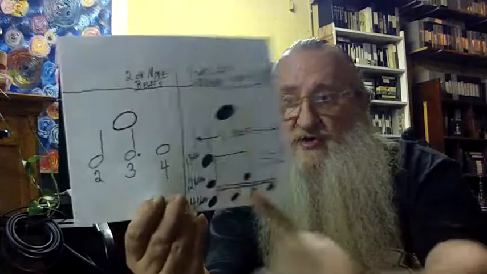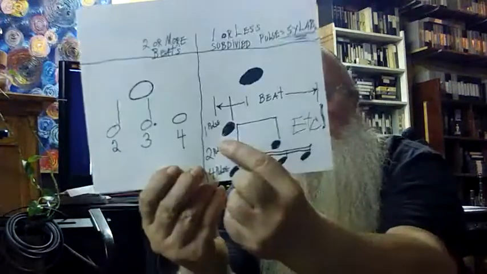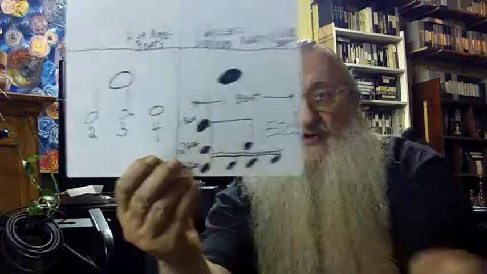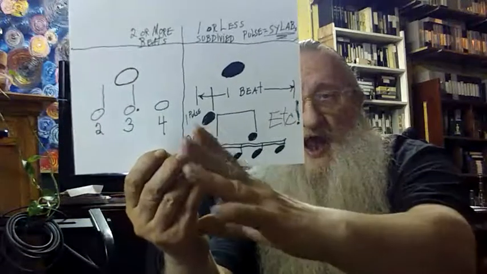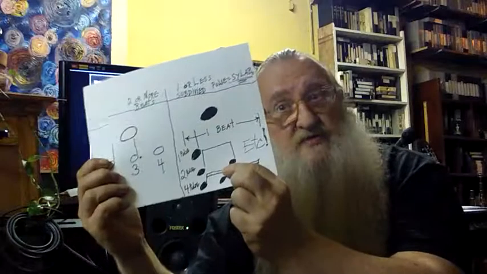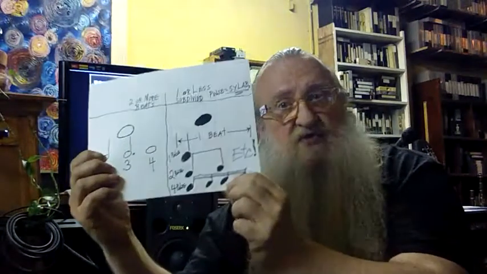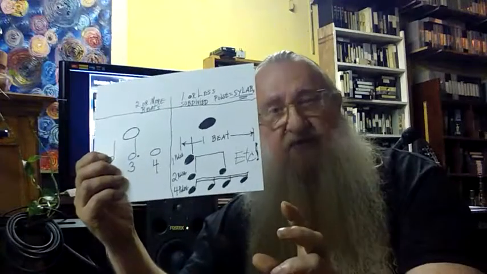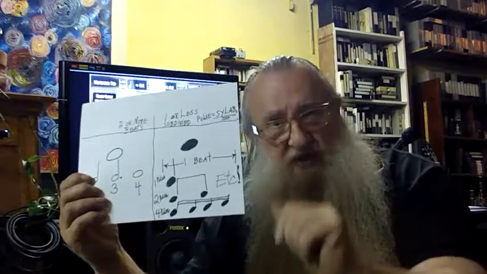quarter note, which is the one here with just a stem, usually gets 1 beat, and then there are subdivisions of that beat. So the beat can be divided into 2 segments or 2 syllables, which we say are eighth notes. 16th notes would be 4 subdivisions of that one single beat. I refer to them as pulses.